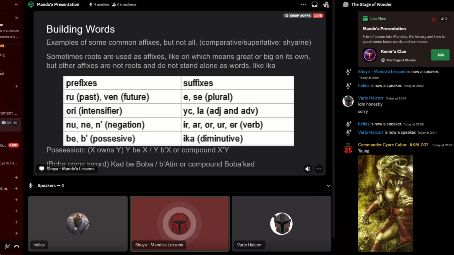The nu, ne, or n negation. So that makes a noun or an adjective or a verb negative. So like narir means to do. Ne narir or nu narir, it's up to you, would be to not do.